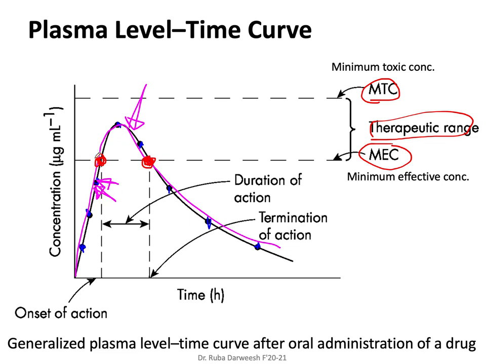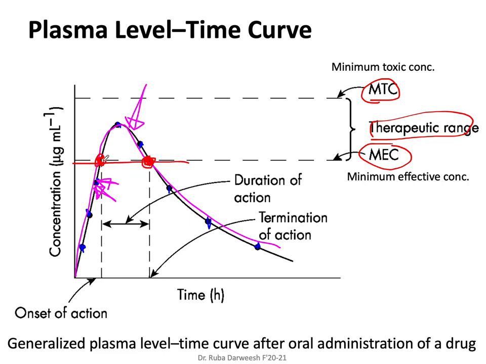It's just an explanatory diagram. We don't have numbers, so the minimum effective concentration is here.